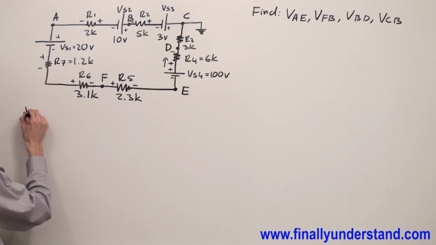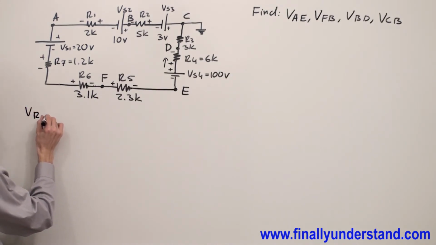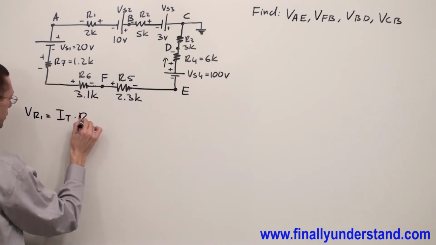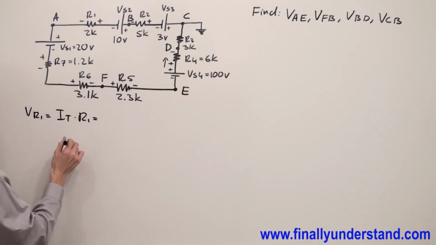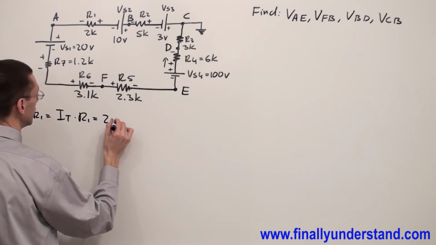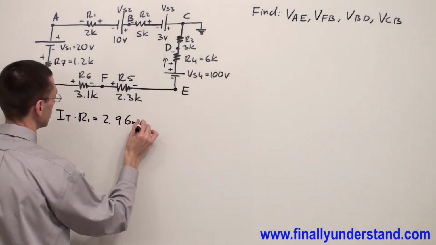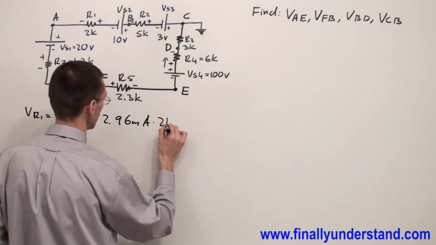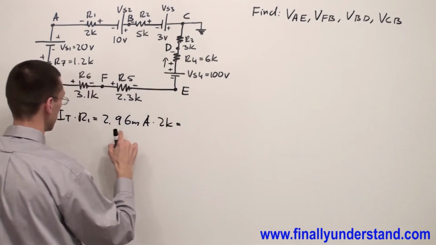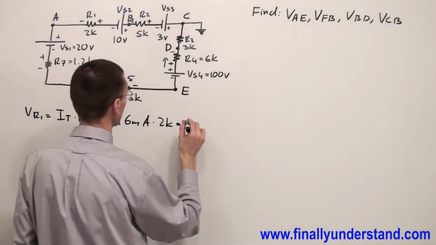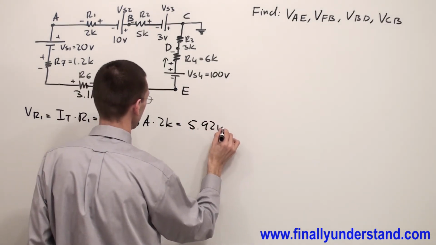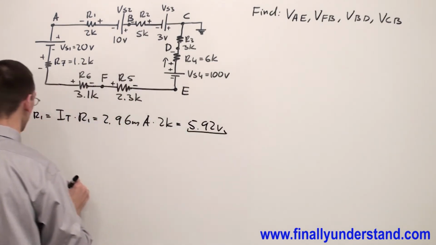So VR1 is nothing else, just I total times R1, where I total is equal to 2.96 milliamps times R1, which is equal to 2 kilo. So VR1 is equal to 5.92 volts. This is voltage across resistor R1.